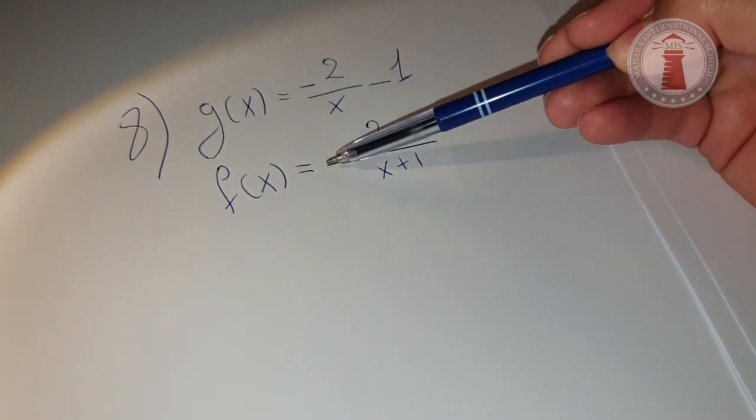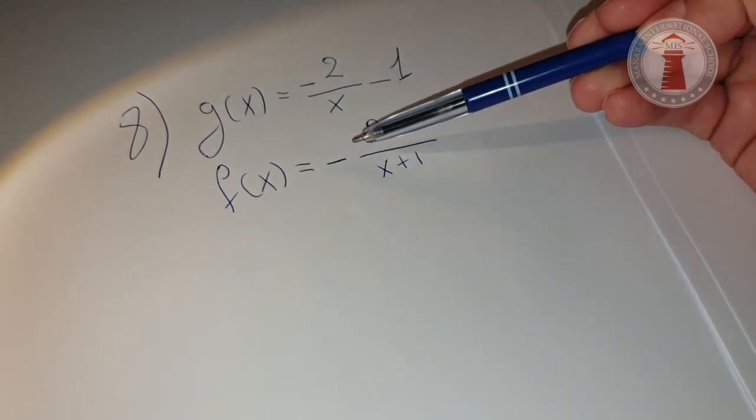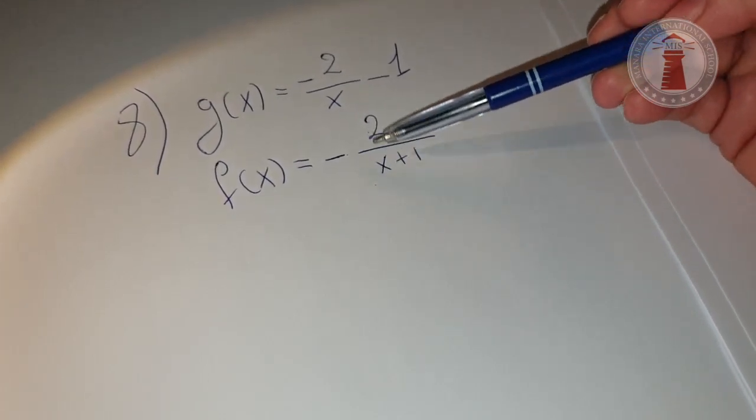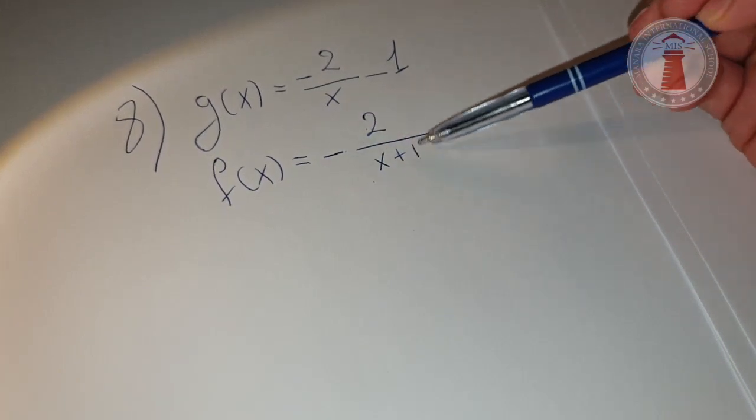Here, when you have a negative like this next to the fraction, you can use it for the numerator or for the denominator. You can use it for either of them, because this is just a whole term.